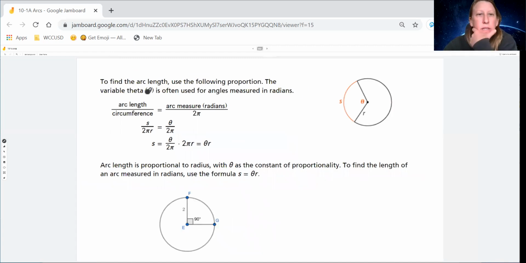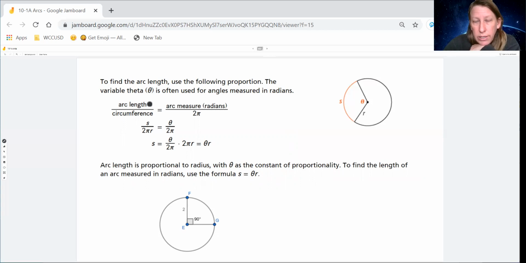Well, let's see what this says. To find the arc length, you can use this proportion. The variable theta, that's another Greek letter of the alphabet, is often used for angles measured in radians.